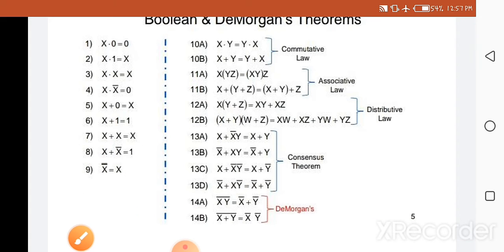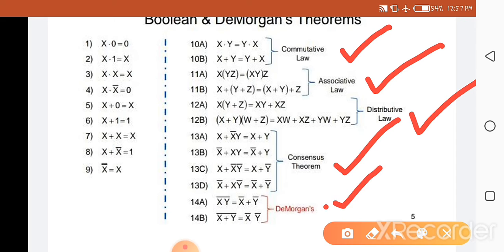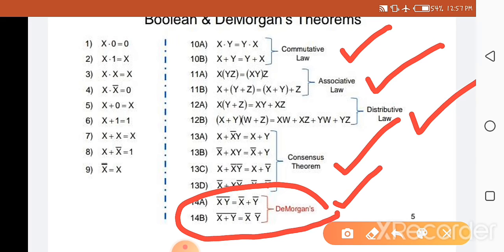Now these are the laws of Boolean algebra: commutative law, associative law, distributive law, consensus theorem and De Morgan theorem. So we discuss the De Morgan theorem.